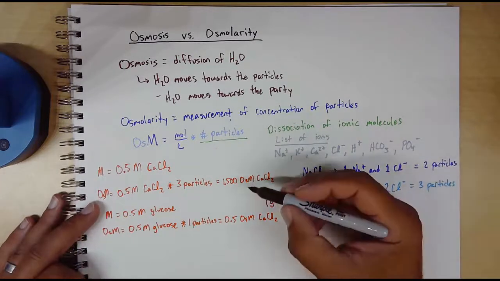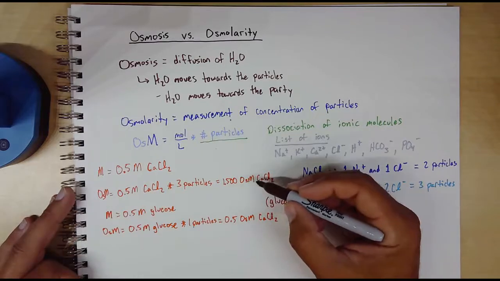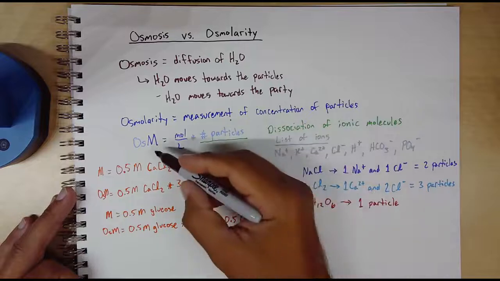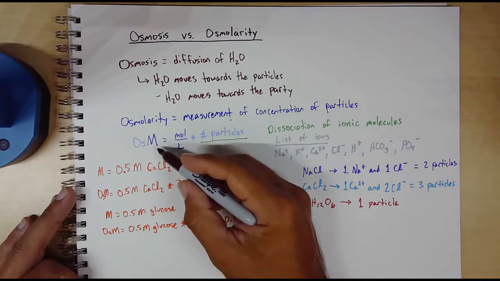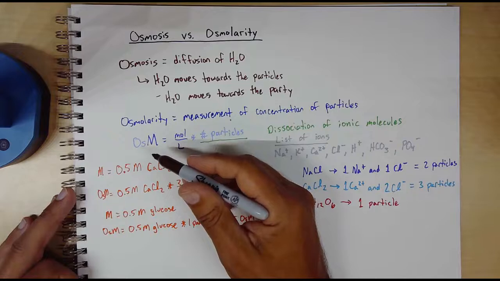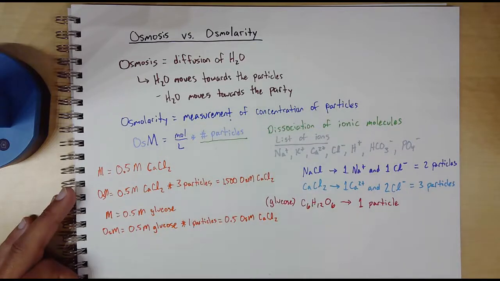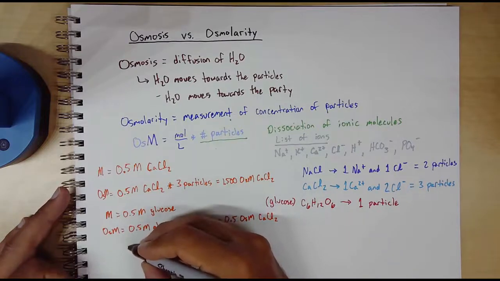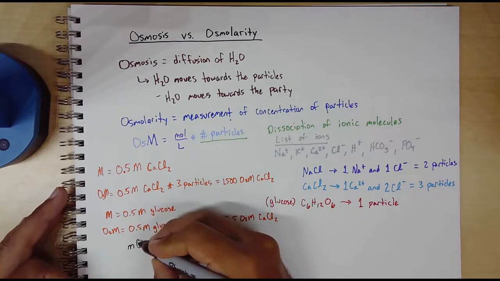We need to be able to calculate these physiologically relevant, which is not osmolarity, because everything that's happening in the body is happening at a much smaller level. These solute concentrations in the body are very low. Therefore, they are measured in milliosmoles, not osmoles. So in the body, we're always measuring things as milliosmolarity.